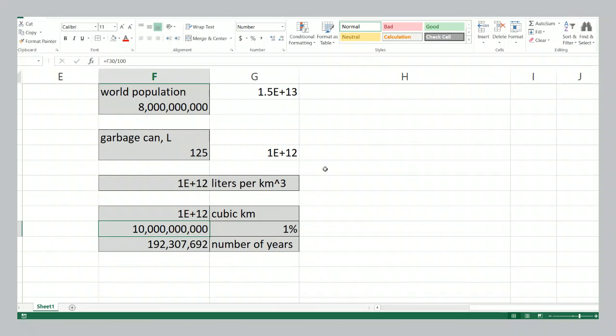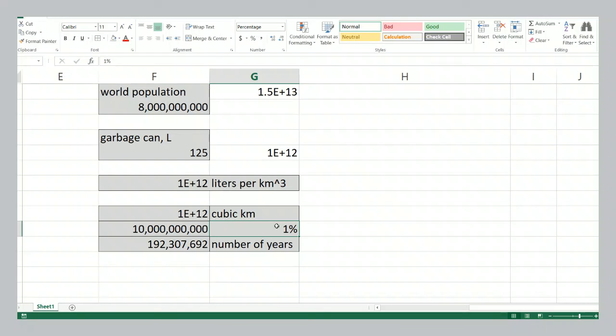And of course, you are also receiving a garbage can from every single person on the planet because they are filling it up for every single person too. Then you'll have almost 10 billion cubic kilometers of garbage, and you will be almost at 1% of the Earth's volume full of garbage.